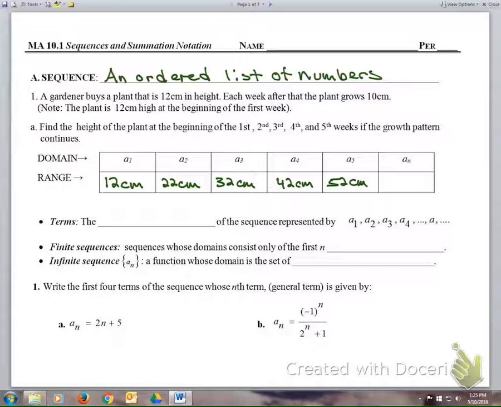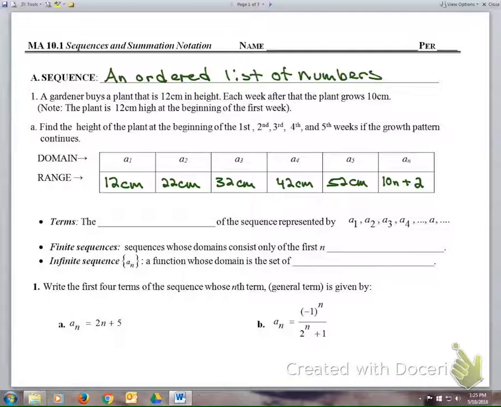So the nth term, which we're going to be getting more into as we move on with the next couple sections. But in this case, the nth term is 10n plus 2, because 10 is how much it grows. So 10 times n, when you plug in a 1, you get 10 centimeters for a sub 1, but a sub 1 is not 10 centimeters, it's 12.